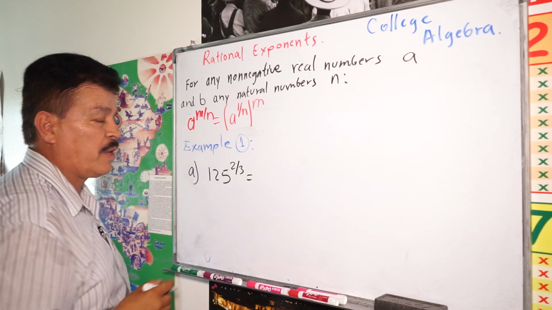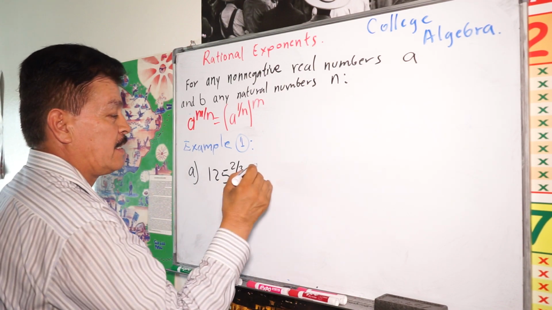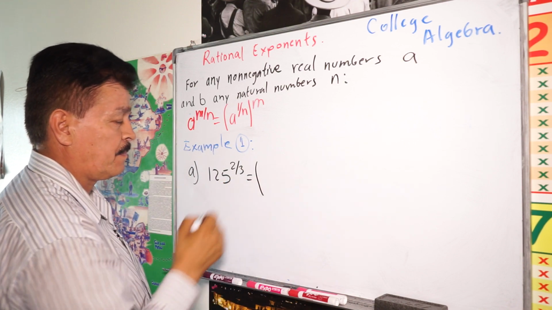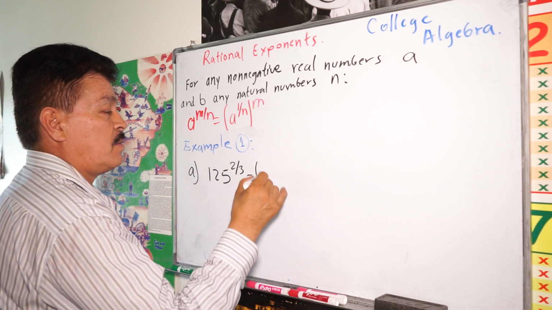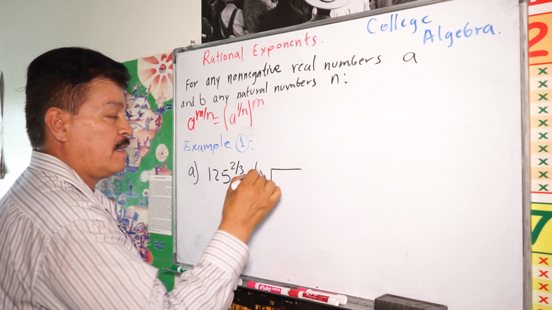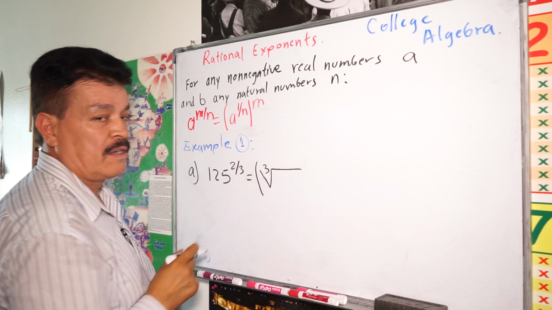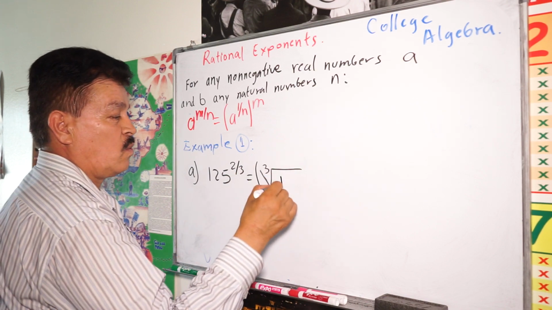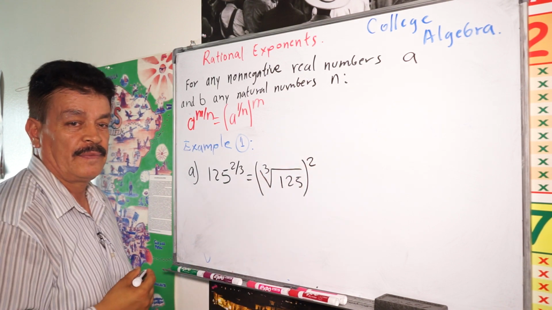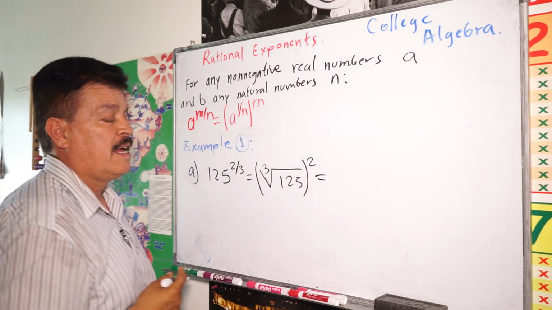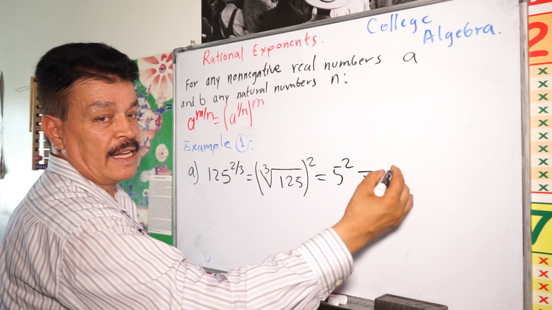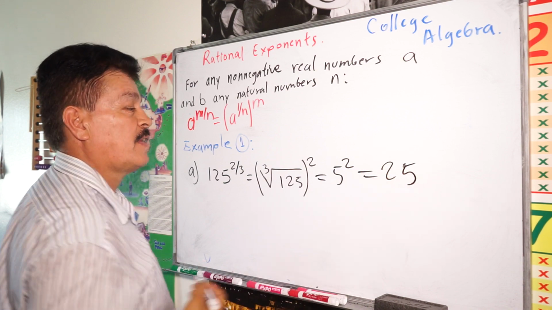This is going to equal the radical, the third root, of 125, here to the second power, everything. So this is going to equal 5 to the second power. The answer is 25.